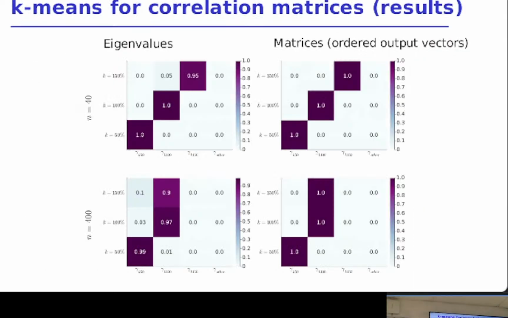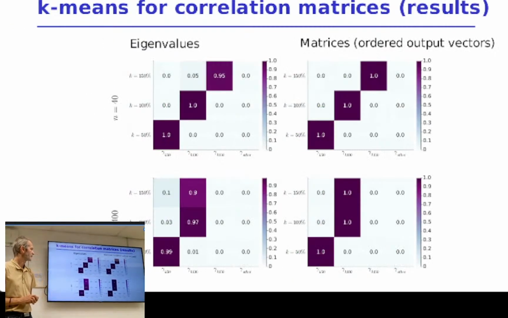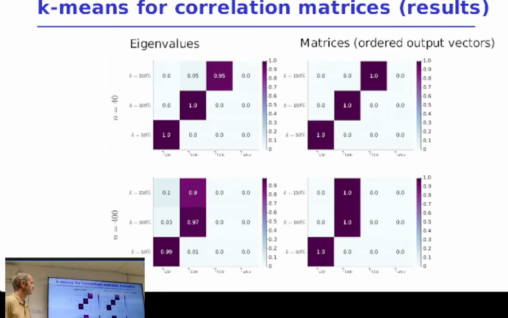So overall, we have 300 correlation matrices, 100 for each filling case, and we apply the k-means algorithm to all of them.